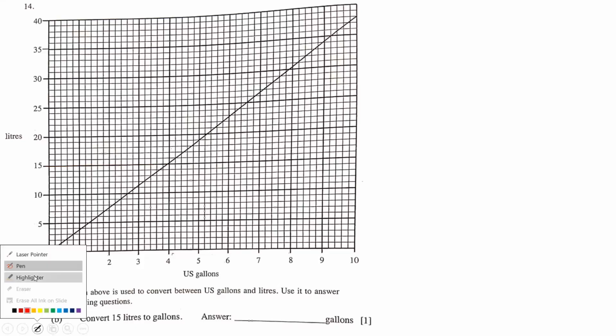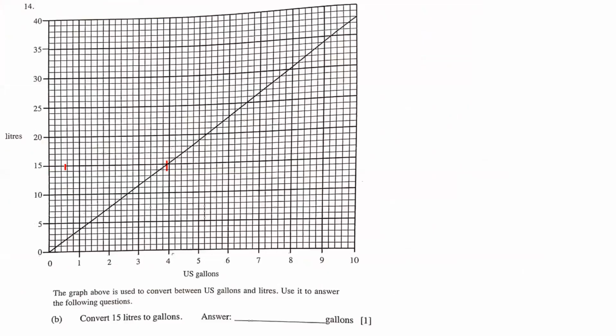If we zoom in, you see that at this point we have 15, and that's where this linear graph meets 15, and also meets a value on the x-axis, but it's not 4. It's close to 4, approximated to about 3.9.